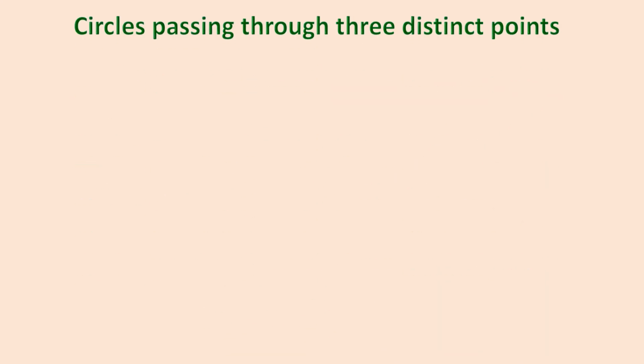Here, how many circles will pass through three distinct coplanar points? First we have to check: three coplanar points could be collinear points. When collinear points are given, to check it, we draw a line.